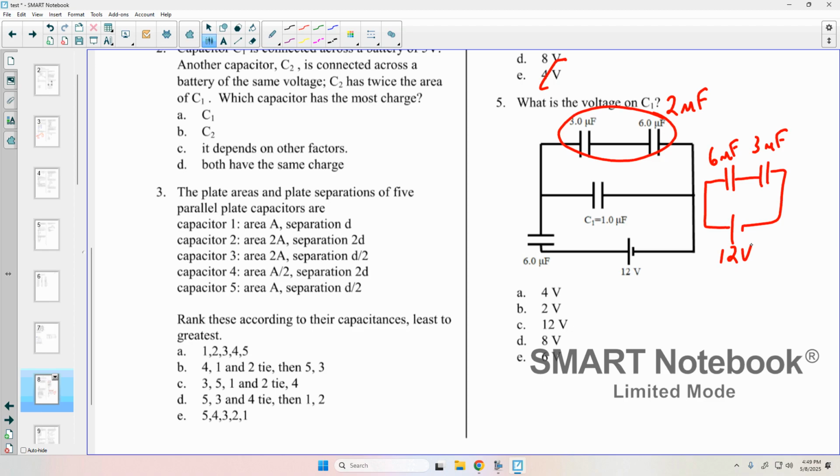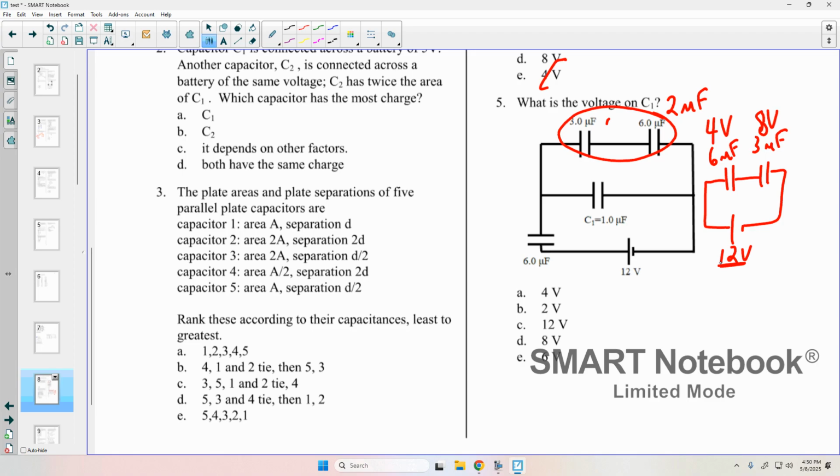I have 4 volts here and 8 volts here. I know it's 4 and 8 because they have to add up to 12, and they're a factor of 2 different because the capacitors are a factor of 2 different. We've done this particular combination a bunch of times. I'm pretty sure it comes up on the exam in some way or another, either on capacitors or resistors.